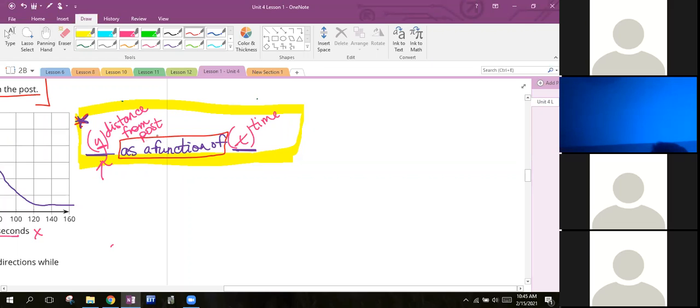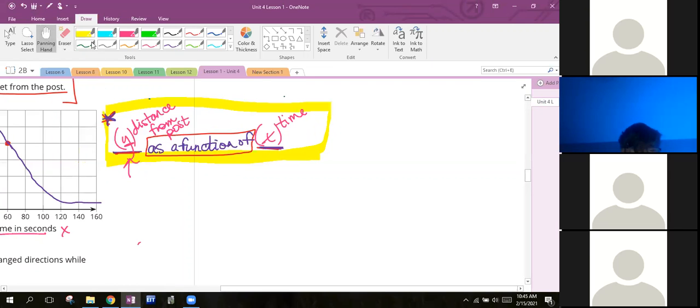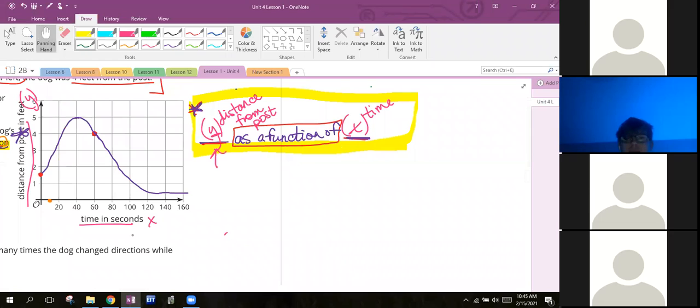Why does it make sense that we wrote it as distance as a function of time and not the other way around? Why did time have to be our X and distance have to be our Y? What did we say earlier about the dog's position at a given time?